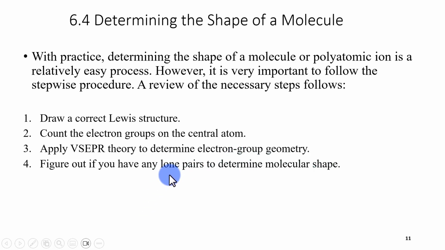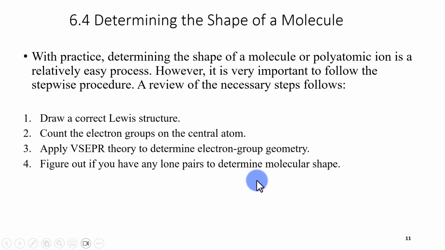So if you have no lone pairs, the molecular shape and electron group geometry are the same. But if you start having lone pairs, then just move down that table. So if you have one lone pair, that will change it to a different molecular shape. Or if you have two lone pairs, it will be an even different molecular shape. So these are the steps that you need to follow. And I would just practice quite a bit, using these steps to figure out molecular shape.